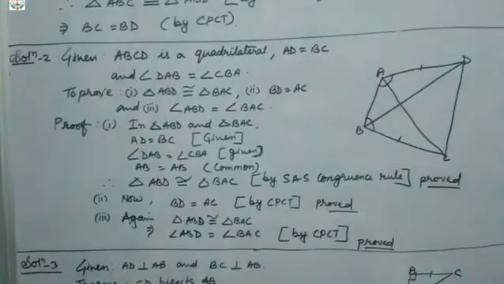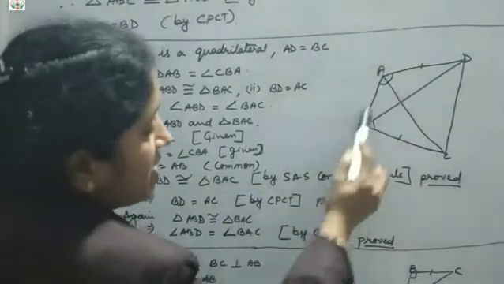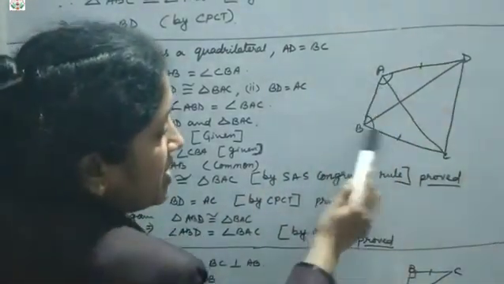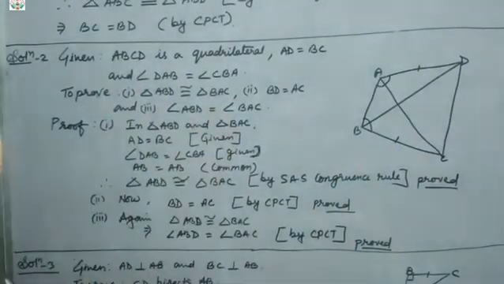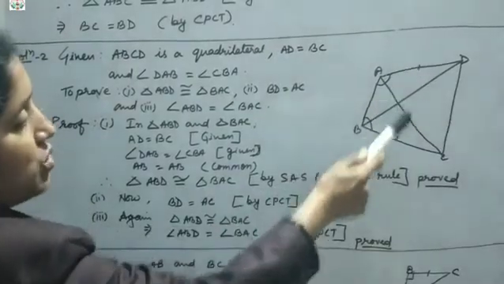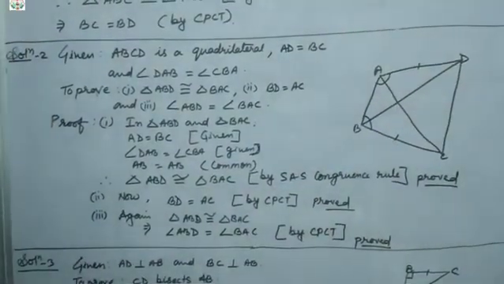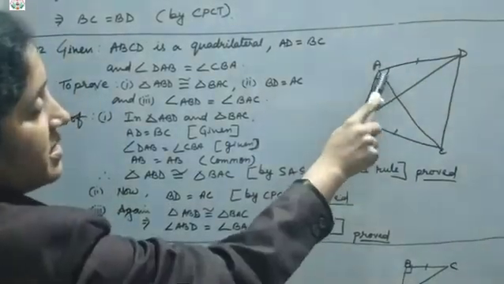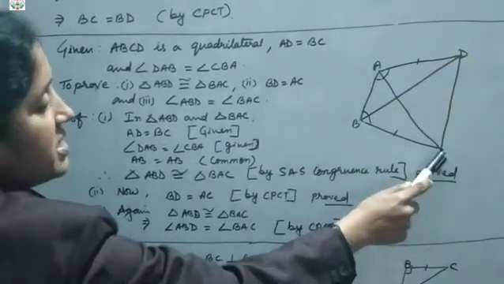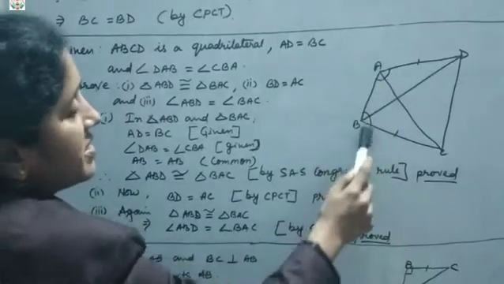Okay, now see the figure. The figure is like this. In the book also it is given: ABCD is a quadrilateral in which AD equals BC, it is given. And angle DAB, this angle, equals angle CBA, this angle.